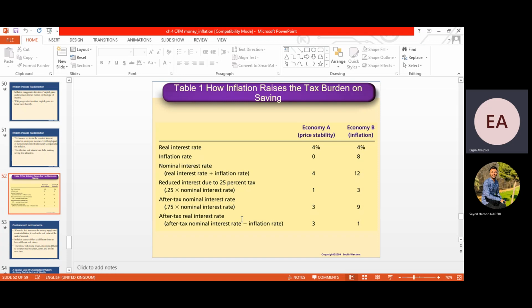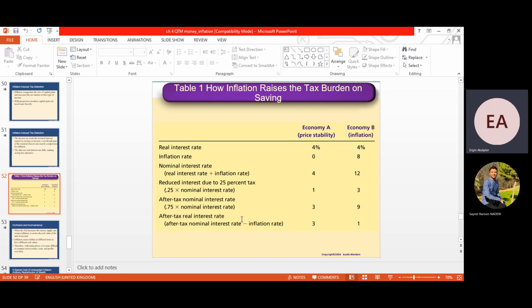Therefore, you are observing here that economic activities are also affected by interest and inflation.